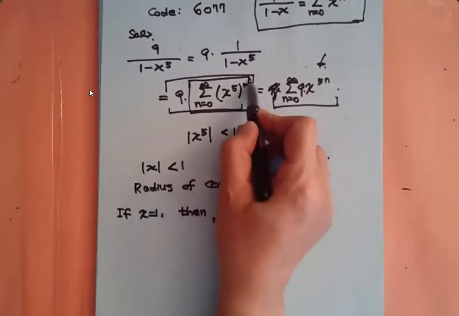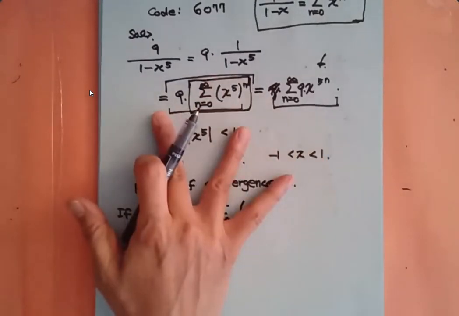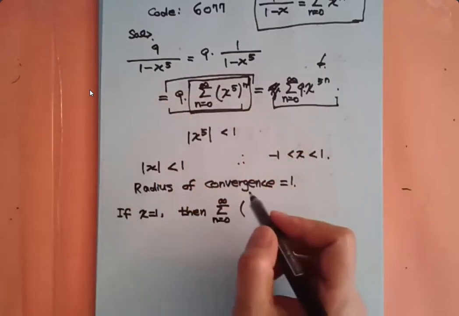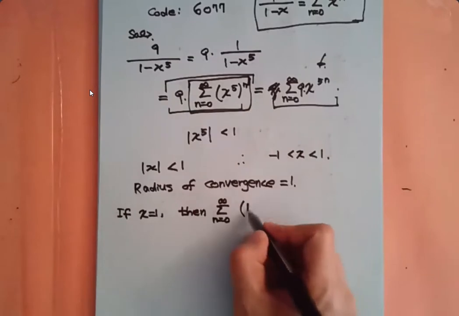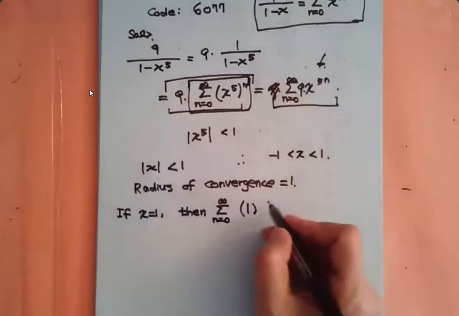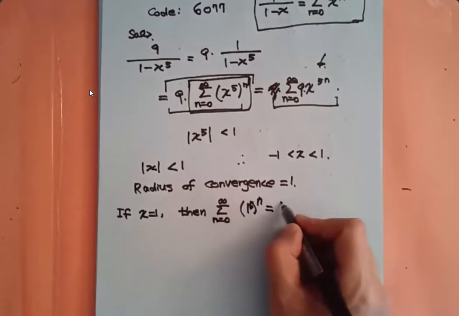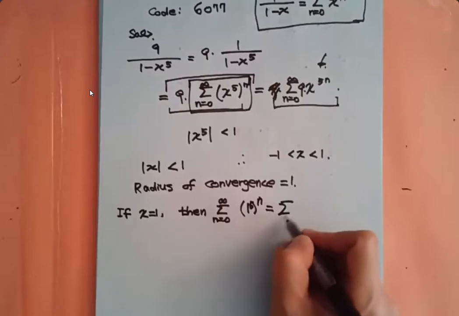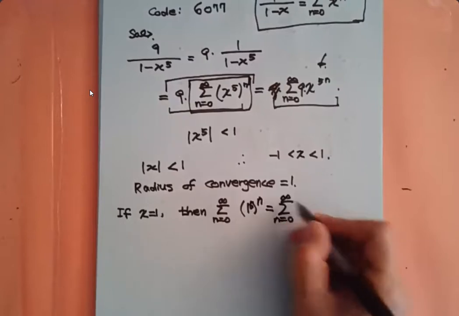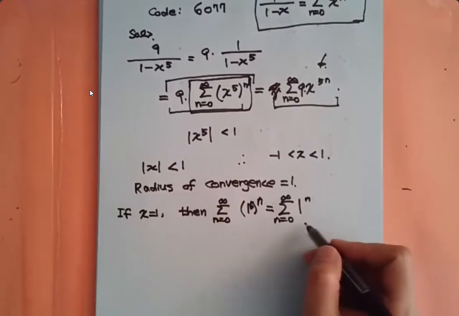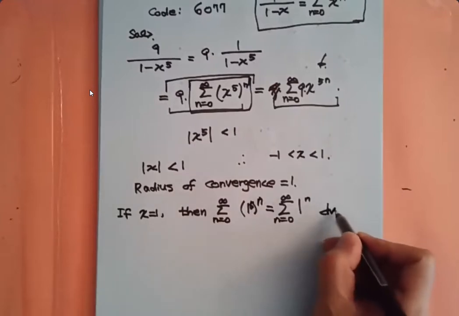If this part converges, the entire part will converge, and if this part diverges, the entire part will diverge, right? So 1 to the 5th power, each term will be 1. So n equals 0 to infinity, 1 to the n power, and we just keep adding, so that diverges.